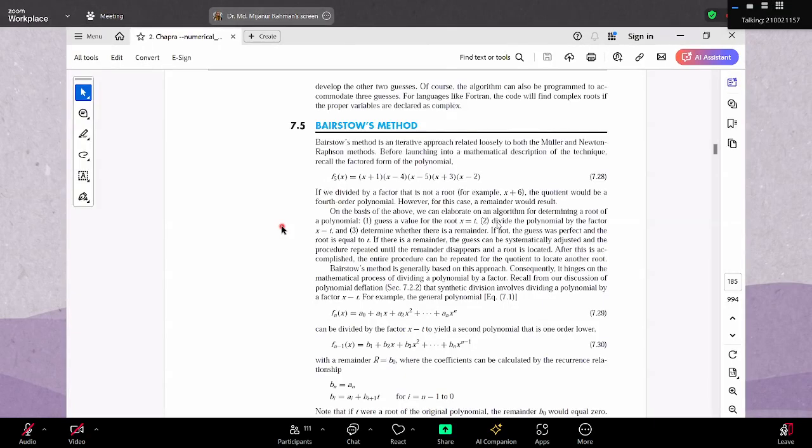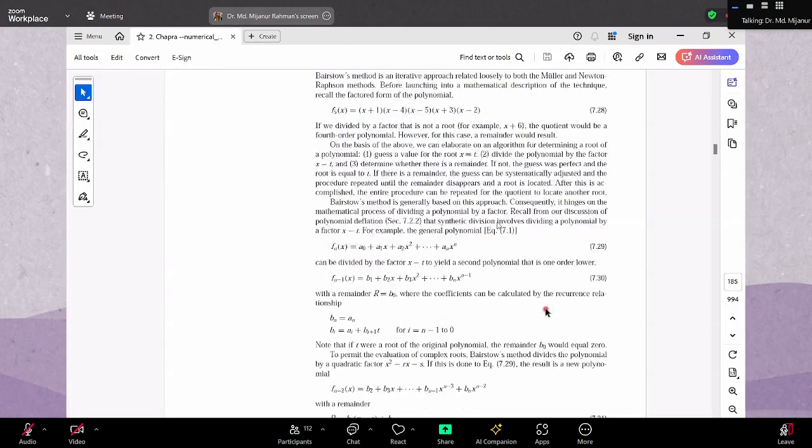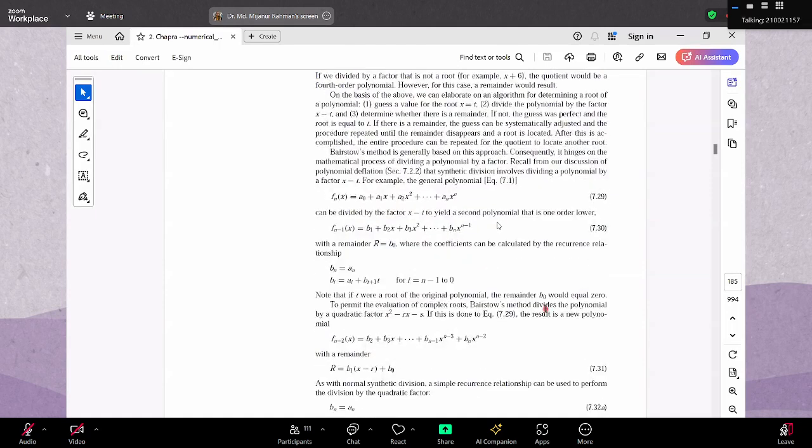If we get any remainder, then we have to go ahead according to the Barrister method. That means we have to divide by a factor that is not x minus t, but it will be x square minus rx minus s.